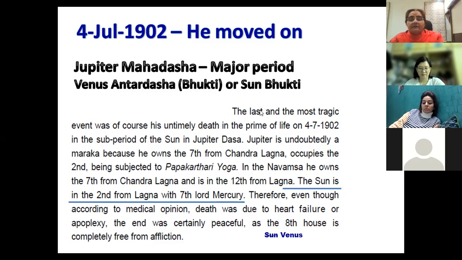Now, the last and the most tragic event was, of course, his untimely death in the prime of life on 4th July 1902. He didn't even complete 40 years, 39 years and a few months, maybe 6 months, in the sub period of the Sun in Jupiter. He says Sun in Jupiter.